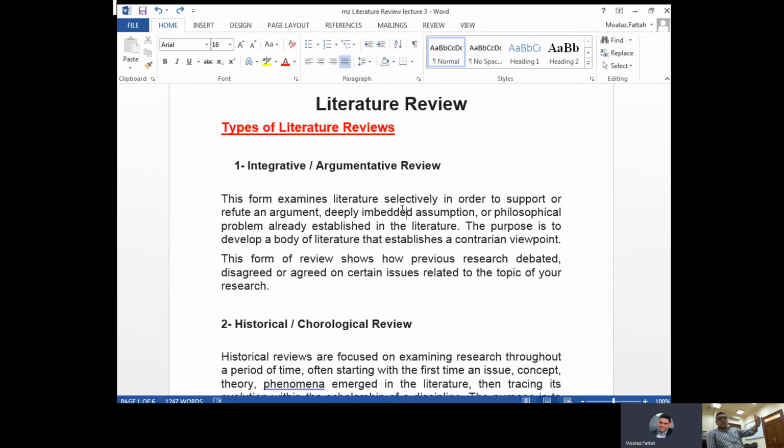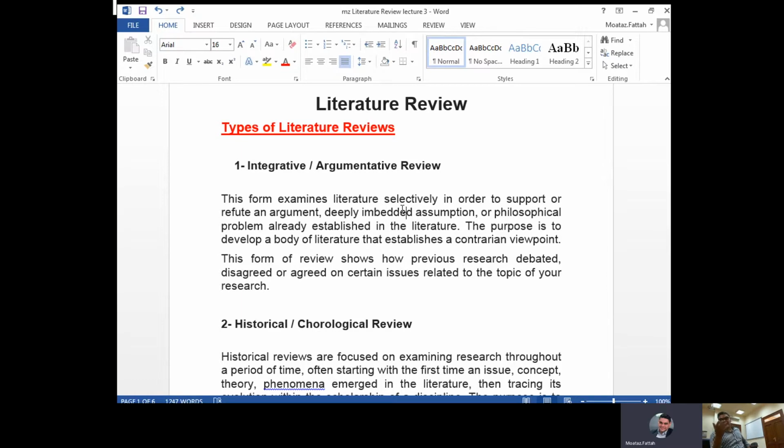And your research, the rest of your research, is to build a counter argument. In other words, you are going to do a piece of research that is, number one, monitoring what has been established in the field with all its arguments and supporting evidence and so on. And your mission in your paper is to come up with a counter argument, either by using philosophical analysis or by using empirical analysis.